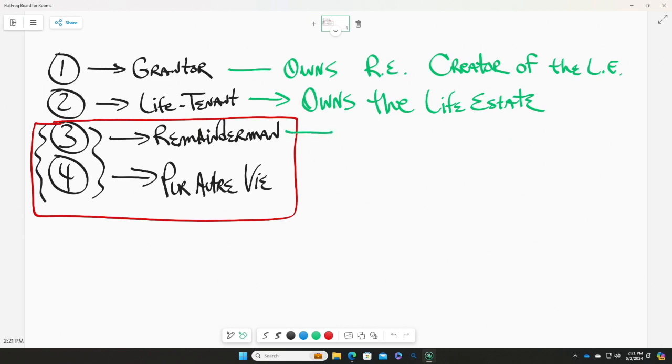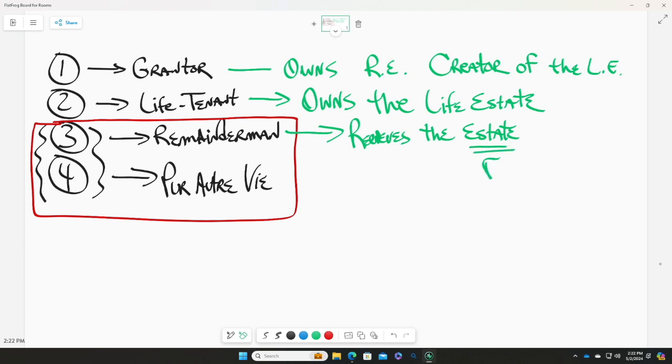And then the optional remainderman is someone who receives the estate because it's no longer a life estate.